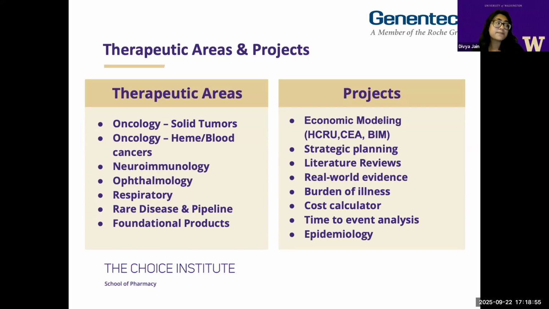And then in the non-oncology space, there's a huge emphasis on unmet need. So a lot of studies based on different populations and in different types of diseases. You also will have the opportunity for strategic planning, cost calculators. These are some of the examples of projects that you can be involved in.